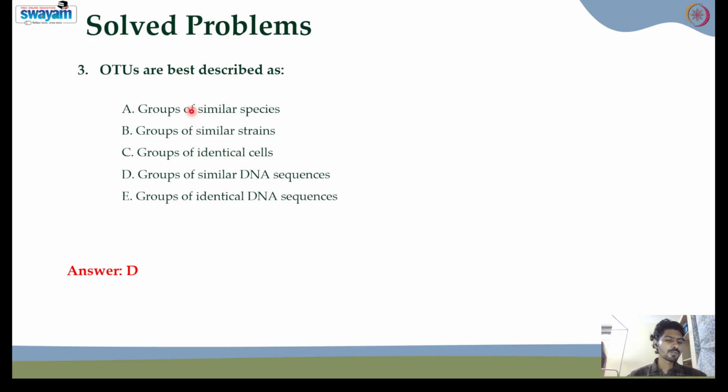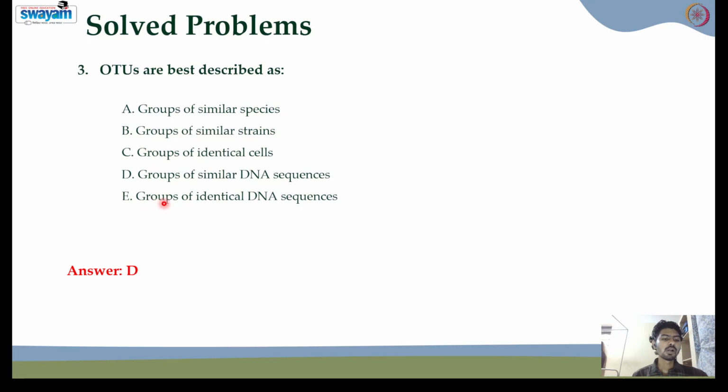And if you see option B, strains are nothing but genetic variants within the species, right? So if option A is wrong, then obviously option B is also wrong. It is not defined by strain similarity. And option C, based on the DNA sequence we call it an OTU, not cell identity. That's why option C is also false.